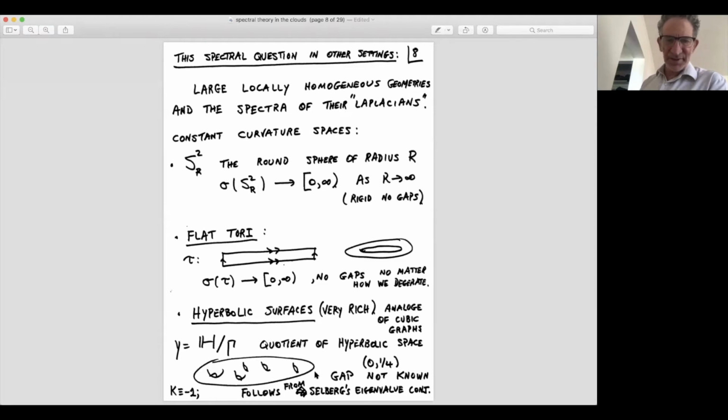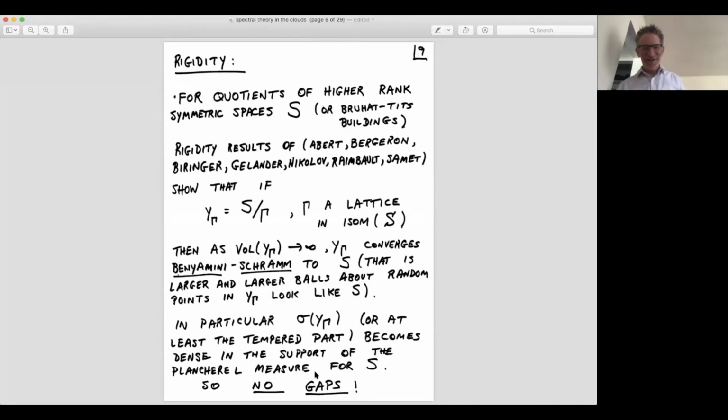So the point is, to make interesting gaps, you can't Benjamini-Schramm converge to the universal cover, because that will not allow gaps. So you have to converge to something else. And for infinite area, is it interesting to look at resonances, like the largest strip and so on? Absolutely. But it's already sufficiently complicated with 3-regular graphs.